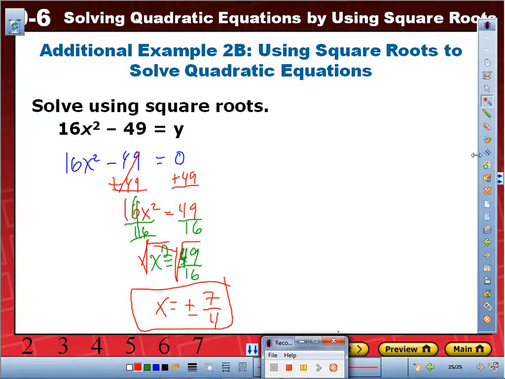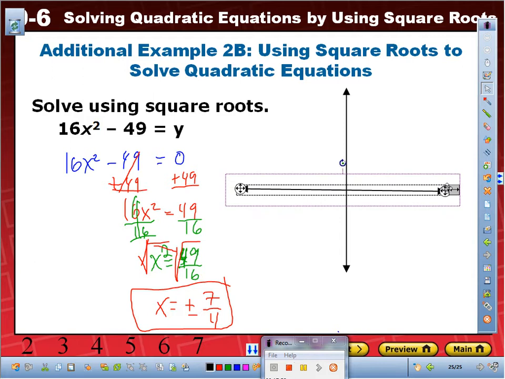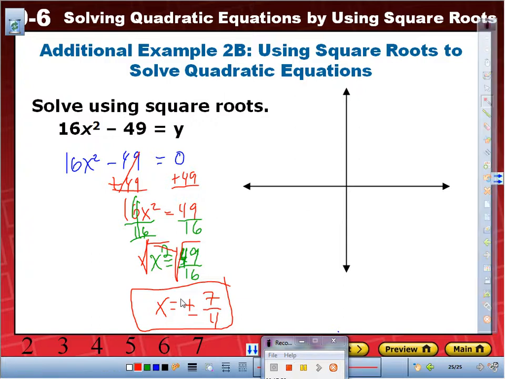Everybody look up, please. I'm going to go ahead and graph this. Some people are asking, how do you graph that? Let's see. I get my coordinate plane going. Is that a little crooked? Yes, it is. How about that? There it is. Okay. What's my root? What is 7 divided by 4? 1 3/4, so 1.75.